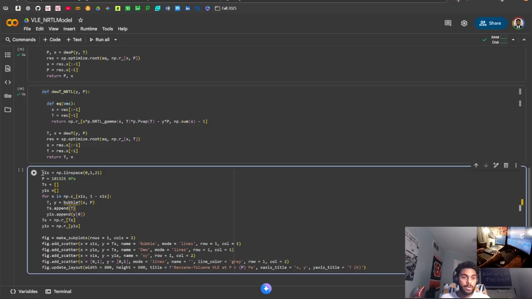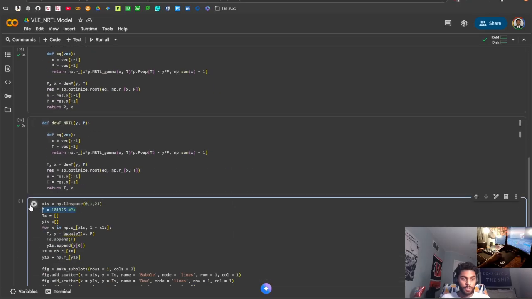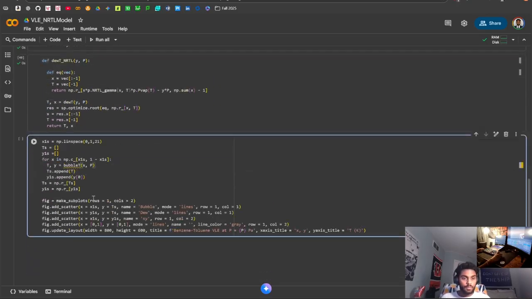So first we are creating an array of x's from 0 to 1, 21 evenly spaced, so it'll give us 20 individual intervals between 0 and 1. We're setting our pressure, which is a little redundant because we've already done that, so I'm just going to get rid of that. We have an empty array for our temperatures, an empty array for our vapor compositions.